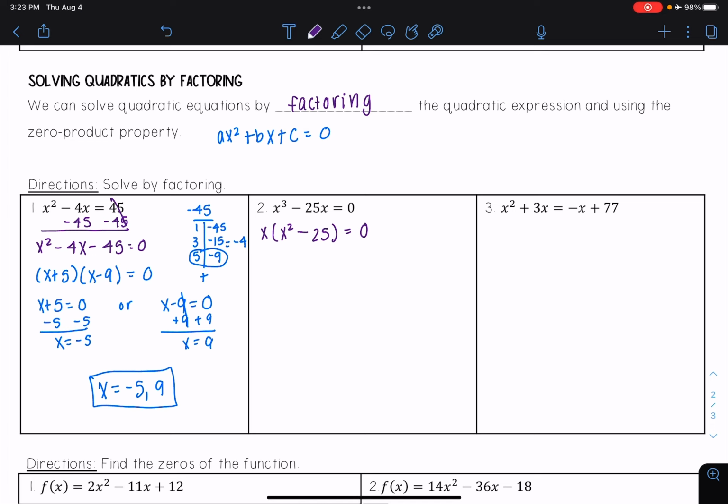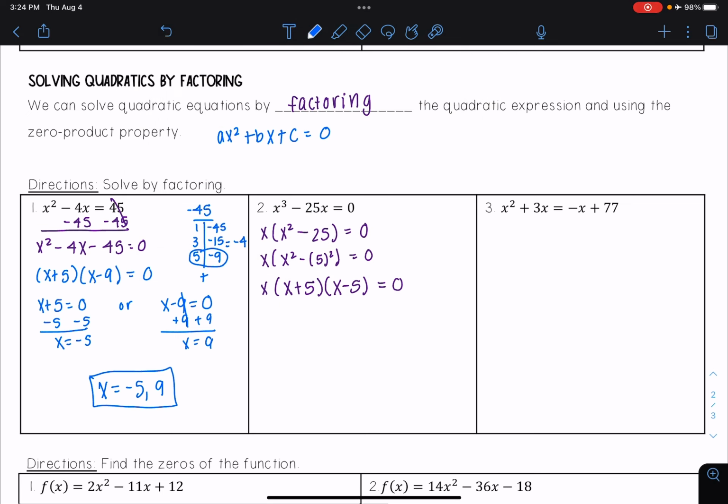And now this still isn't quite factored. Here I have x squared minus 25. That I see it is a difference of squares. And you can see that I can rewrite this to being x squared minus 5 squared is equal to 0. And we learned when we're factoring difference of squares that this will end up just being x plus 5, x minus 5.